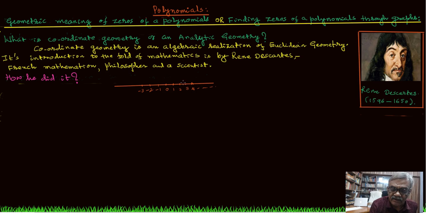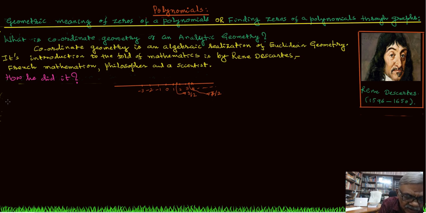And now you can see 3 by 2 here, and 7 by 2, that is between 3 and 4, and so on and so forth.